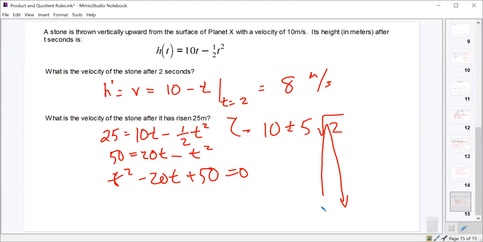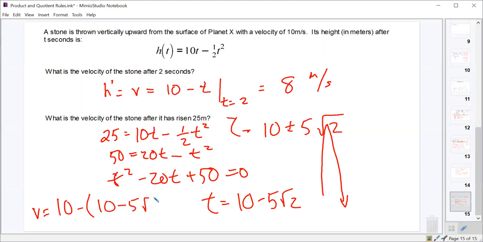So let's say that's our t value, t equals 10 minus 5 root 2. And we want to evaluate the velocity at that point. So the velocity is 10 minus that t value, 10 minus 5 root 2. And what does that simplify to? Just 5 root 2 meters per second.